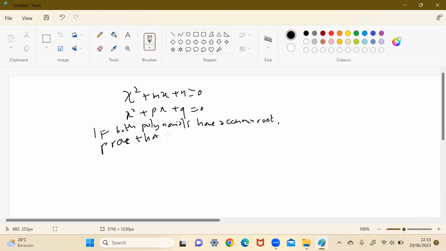Prove that (n minus q) squared minus (m minus p) times (np minus mq) equals 0. Give it a try, and I'll come back with a solution.